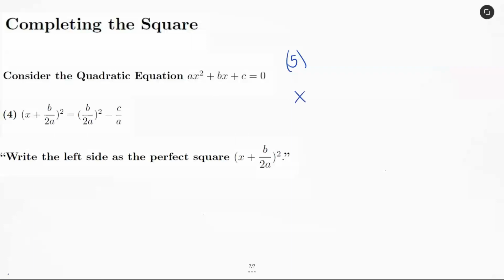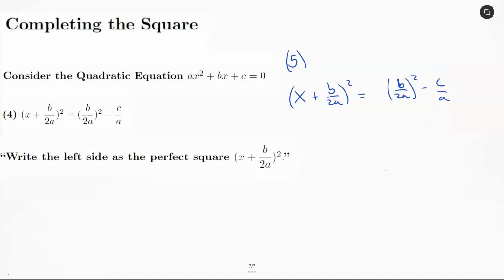So if I have x plus b over 2a, quantity squared, equals b over 2a squared minus c over a. If I take the square root of one side, I have to take the square root of the other. What you do on one side, you have to do on the other.